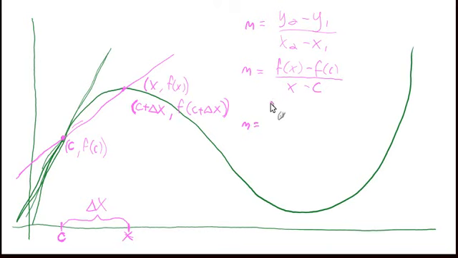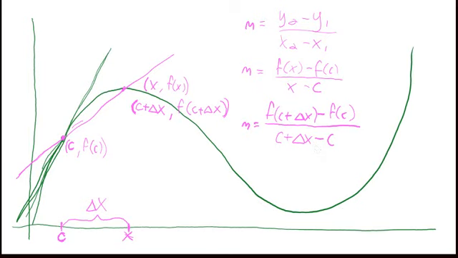So now it becomes f of c plus delta x minus f of c, change in y, right? Here's this y value of this point, f of c plus delta x, y2, minus f of c, that's down here, that's this y1, over, now we could say x2, that's c plus delta x minus x1, minus c.